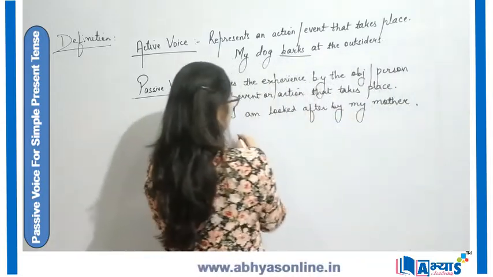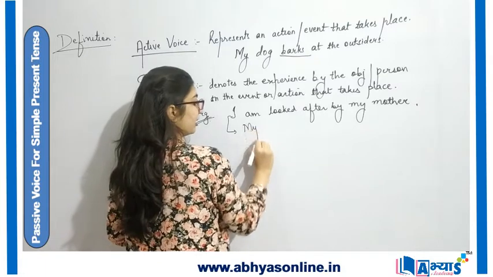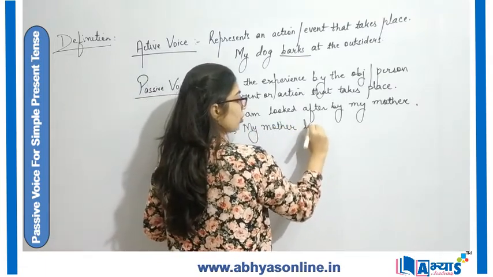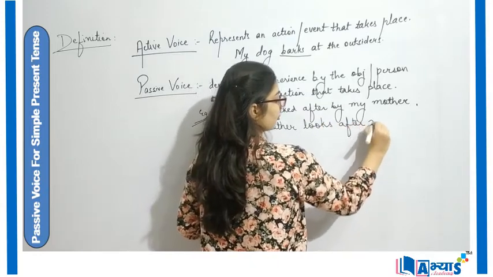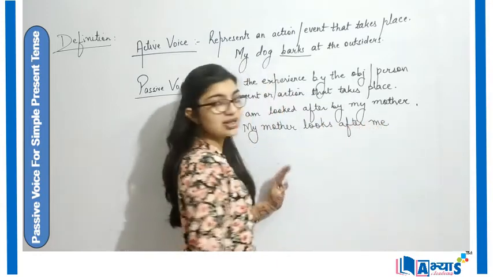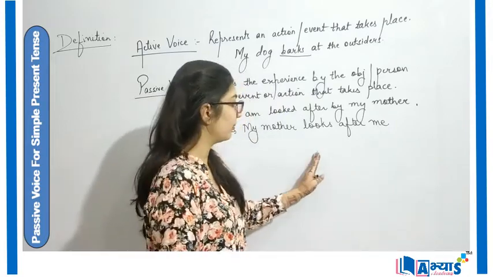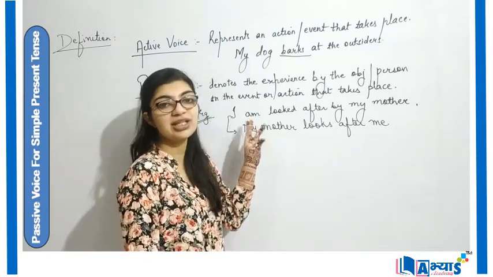If I want to convert this into active voice, I will say, my mother looks after me. So a simple sentence is referred to as an active voice when the meaning of the same sentence is same, but it is changed to a complex form.